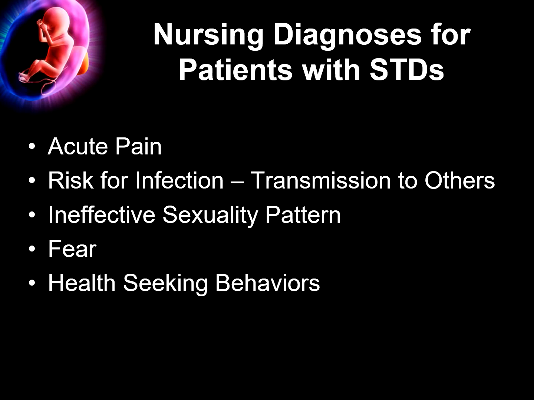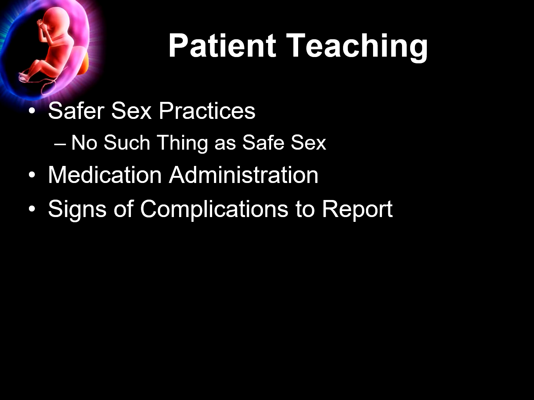Some nursing diagnoses for patients with sexually transmitted disease include acute pain, risk for infection, transmission to others, ineffective sexuality pattern, fear, and help-seeking behaviors. And some of this patient teaching includes safer sex practices, and there is no such thing as safe sex.